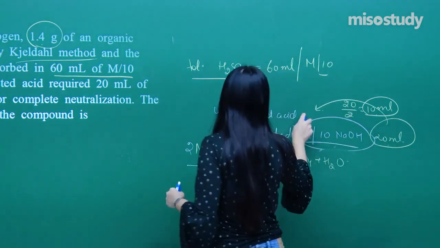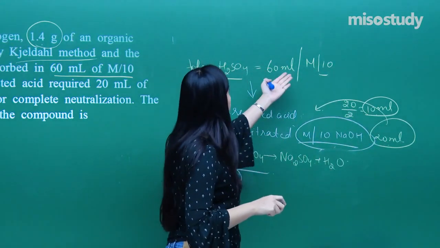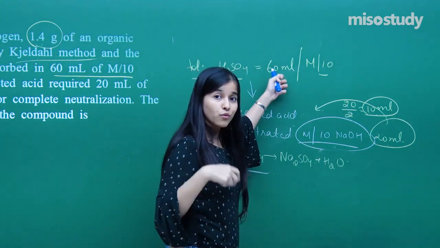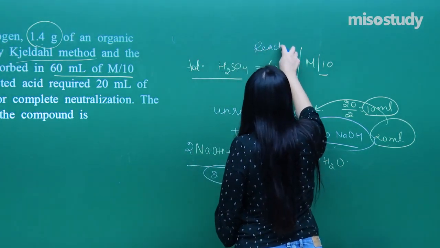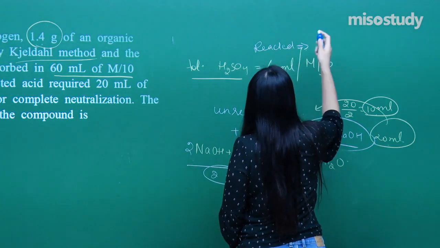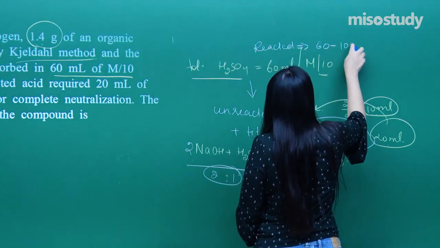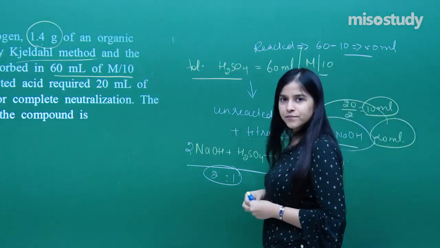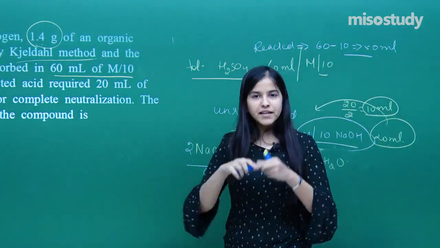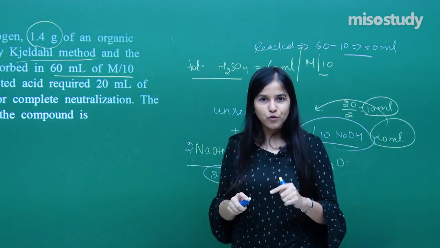That means this was unreacted. So how much H2SO4 out of the total was reacted? So here the reacted will be, I hope everybody is able to correlate that, that is 50 ml, right? Clear? So this 50 ml will be reacted with the ammonia.